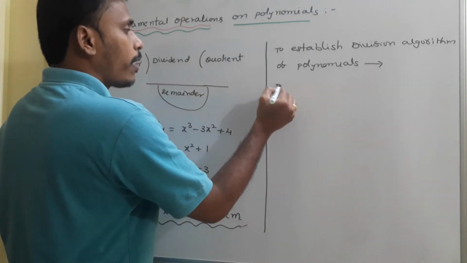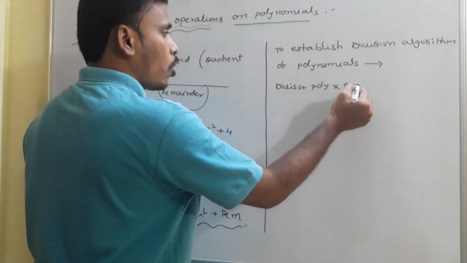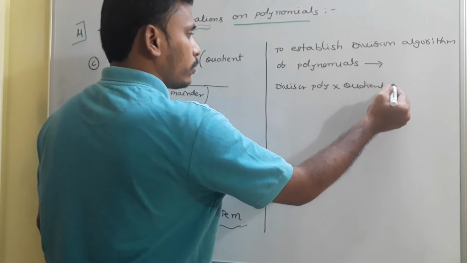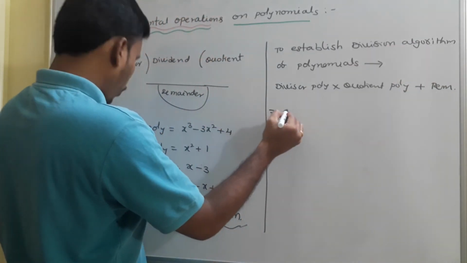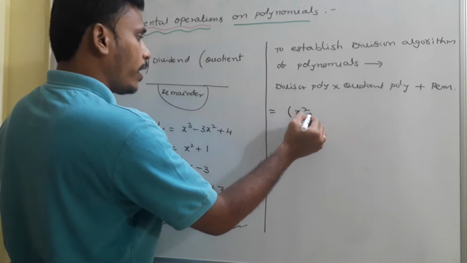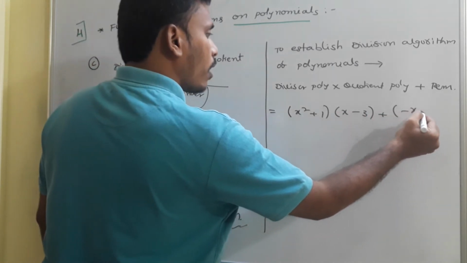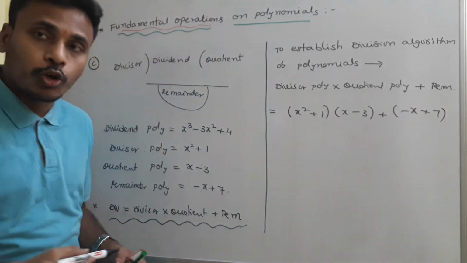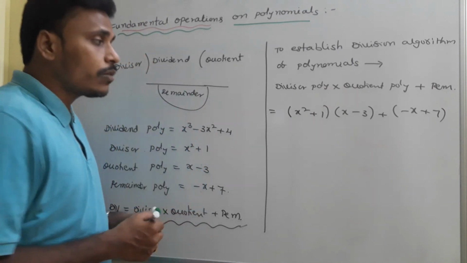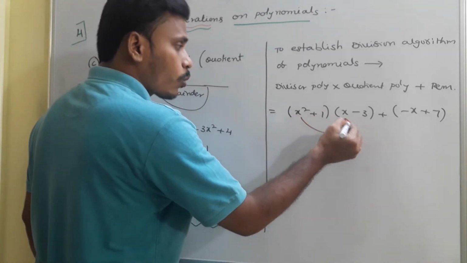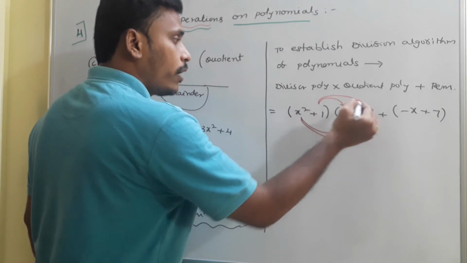You just multiply divisor polynomial into quotient polynomial plus remainder polynomial. Divisor is x square plus 1. Quotient is x minus 3. Plus remainder is minus x plus 7. We need to multiply and then we need to check whether it is equals to dividend or not. See the way of multiplication. x square into x, x square into minus 3, 1 into x, 1 into minus 3.